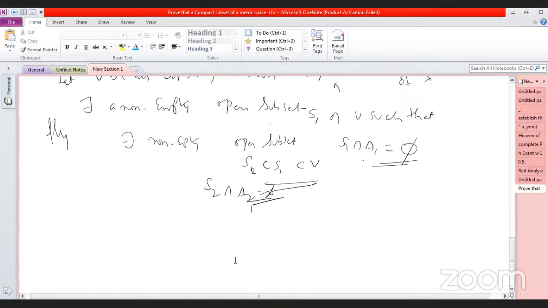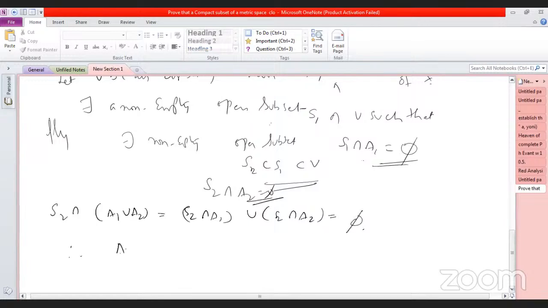So therefore then we have to take here S2 intersection A1 union A2, which is S2 intersection A1 union S2 intersection A2. Can we write it? Yes, we can write it, S2 intersection A1 union S2 intersection A2, that is non-empty.